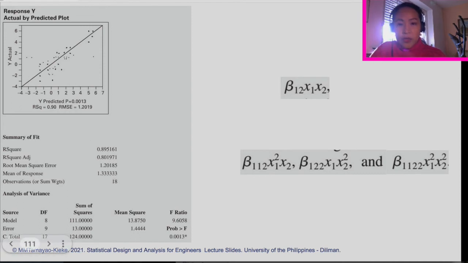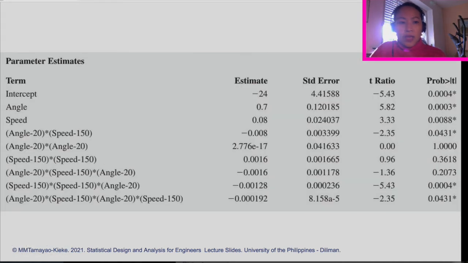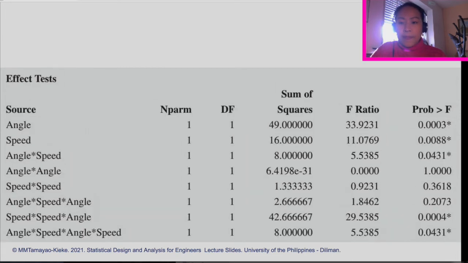And then if we investigate the p-values of the different terms, we can see that more terms are actually significant. So you have your angle, you have your speed, and then you have the interaction between angle and speed, okay, etc.